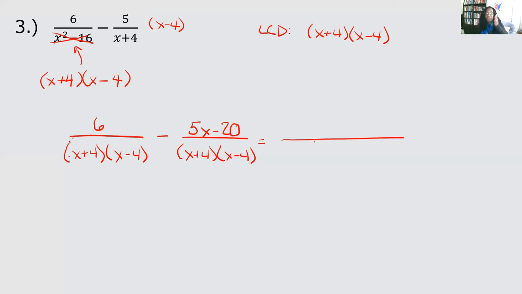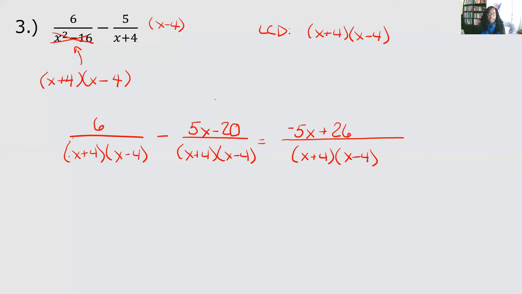So it's 6 minus 5x, which we can't do anyway, but then it's 6 minus a negative 20. So when you minus a negative, it turns positive. So in actuality, your numerator is negative 5x plus 26. And it's over x plus 4, x minus 4.